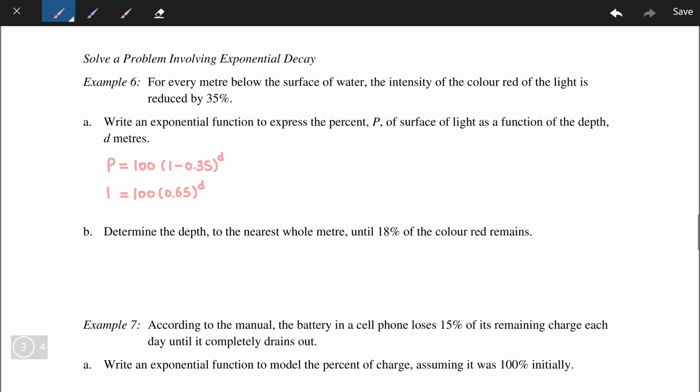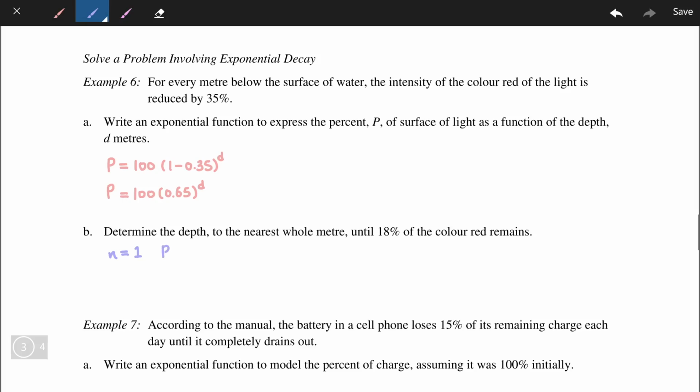And that is to say that for every meter under the water, only 65% of the color red is retained. So we're looking for the number of meters until 18% of the color red remains. So let's say n equals 1.